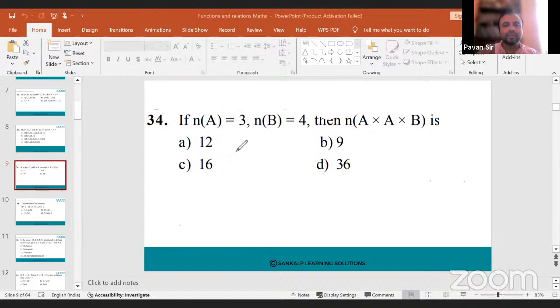If you multiply those numbers according to the question, then it is what? It is 3 into 3. n of A is 3. Again, A is 3, B is 4. 3 into 3 is 9. 9 into 4 is 36. Option D is the correct answer.